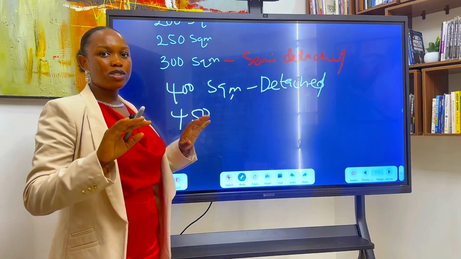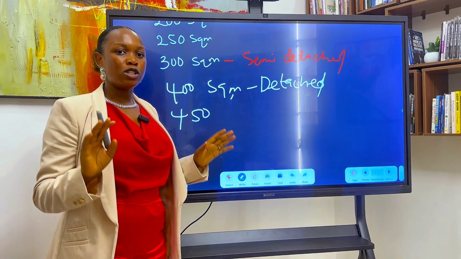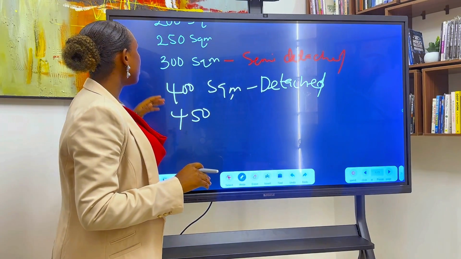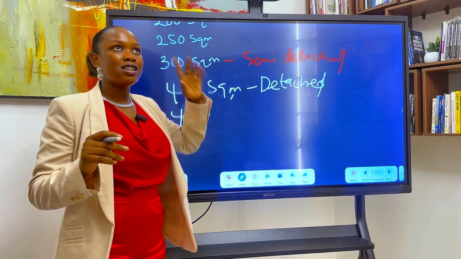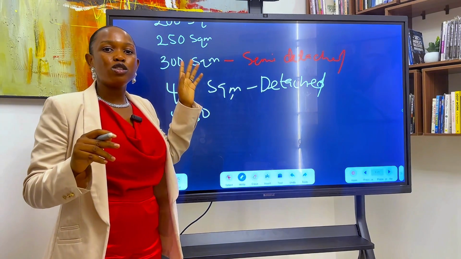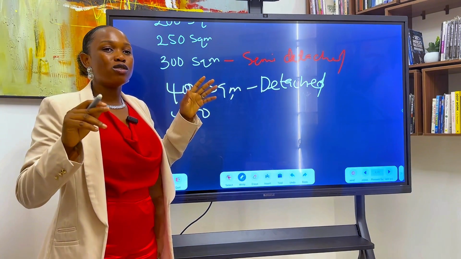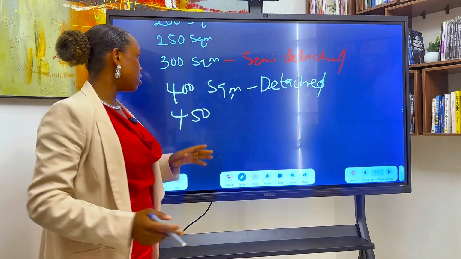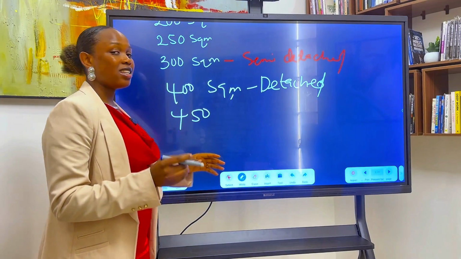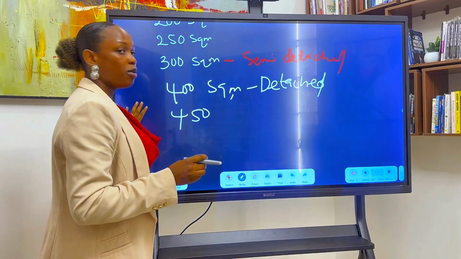You know how this square meter thing used to confuse a lot of people. So you may think, okay, 150 square meters, you are now thinking about 50 by 100 or 60 by 120. Make sure you clarify the exact size before you make payments.